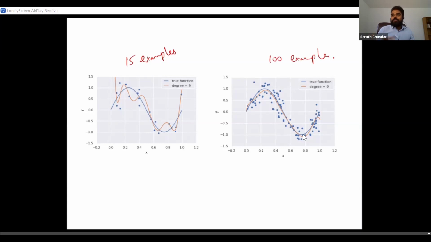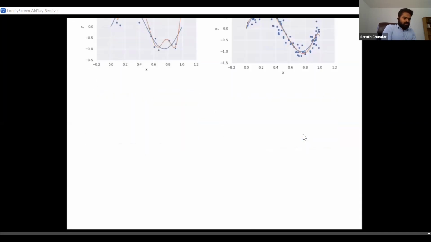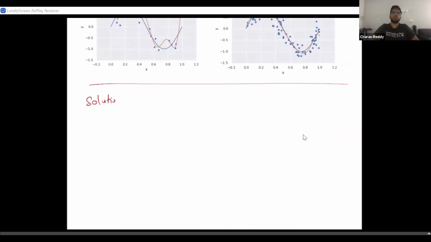But as someone rightly pointed out, it is not always possible to add more examples. So what can we do in such situations? Let's say data is rare, I cannot add more examples, and my model is overfitting. Now what can we do? This is where the second solution is going to be useful.